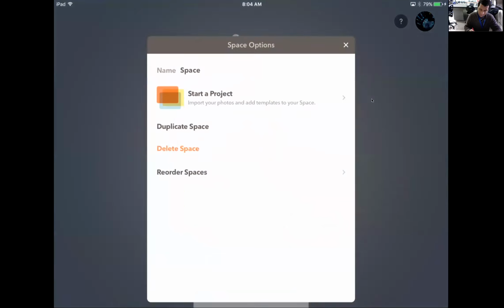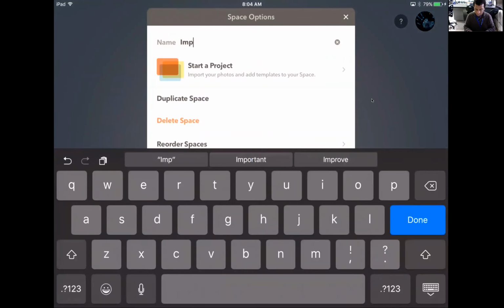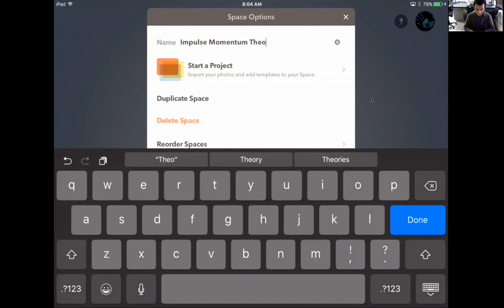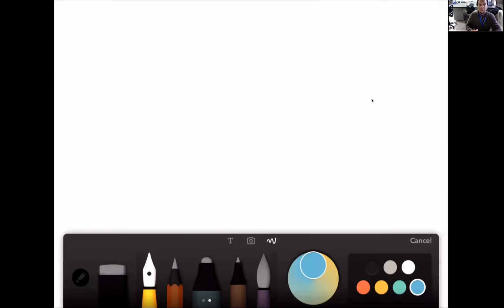And I'm going to call this impulse momentum theorem. All right, this is impulse momentum theorem, and this is what we're going to talk about.